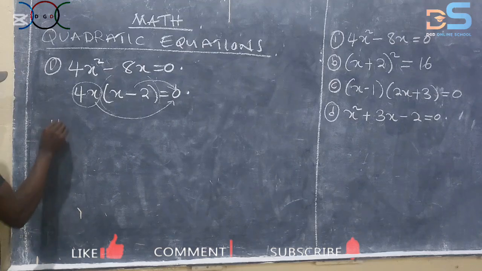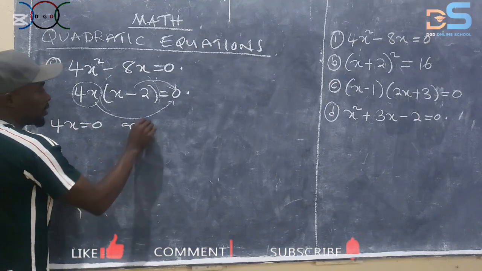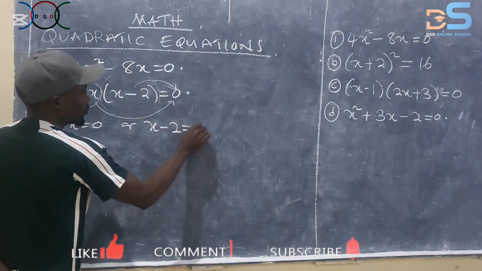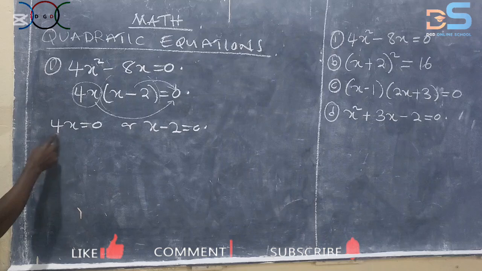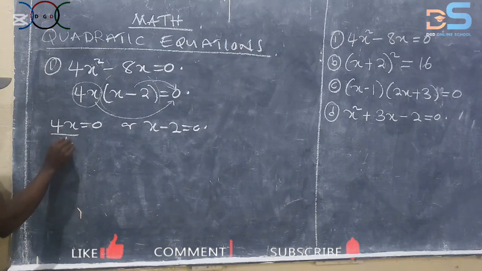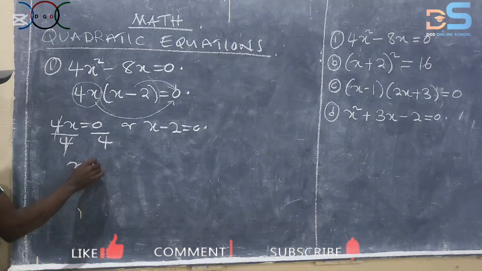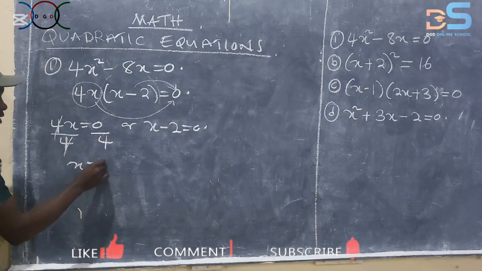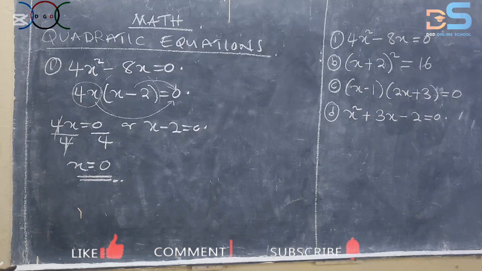So it's either our 4x equals 0 or our x minus 2 equals 0. To solve for the first part, we divide by 4 on both sides. So our x will be equivalent to 0 divided by 4, which gives 0. So our first value for x is 0.